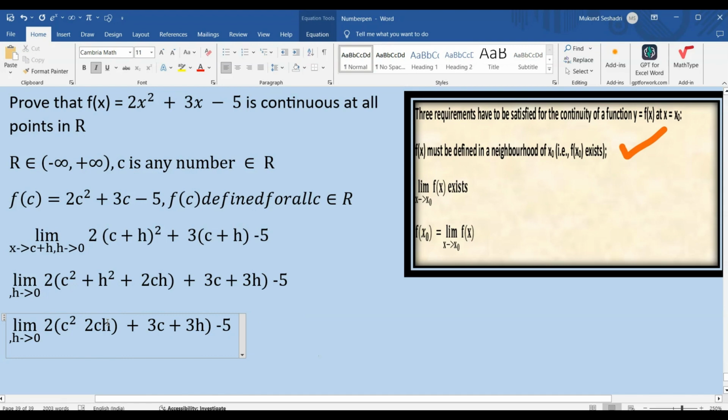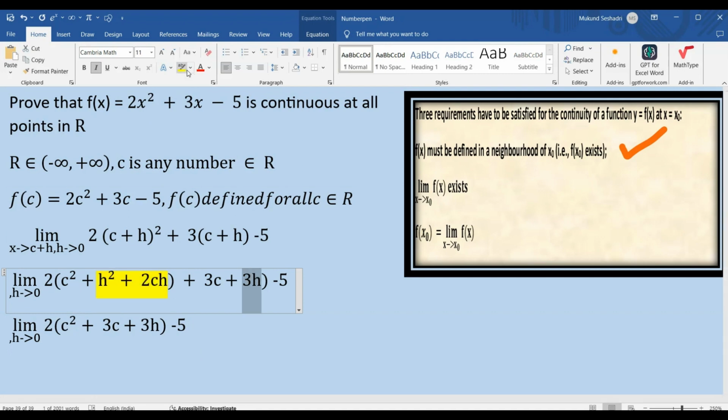My 2ch is 2c into 0, which becomes again a 0. So this part, h square plus 2ch, let me highlight it in yellow, becomes 0. And similarly, I have my 3h also becoming 0, right? So I can remove this as well.